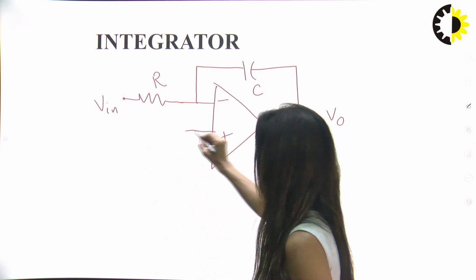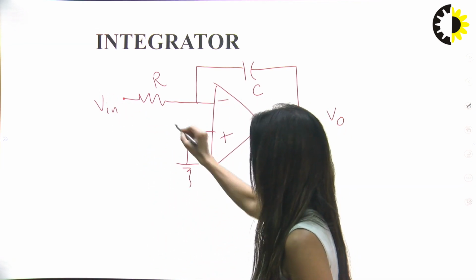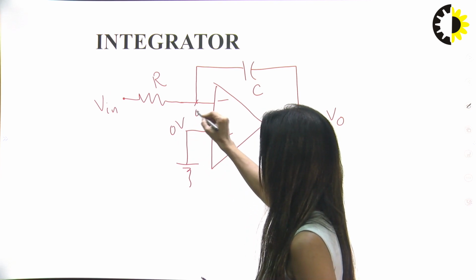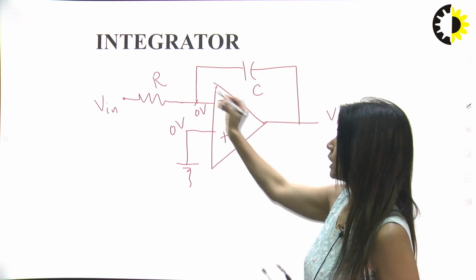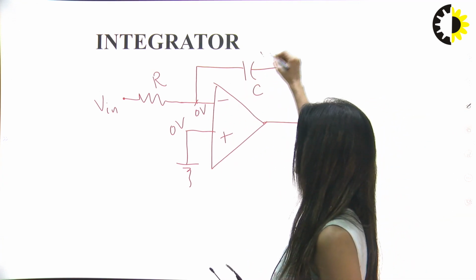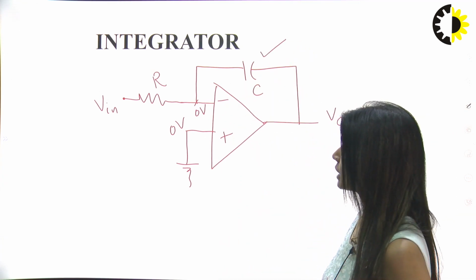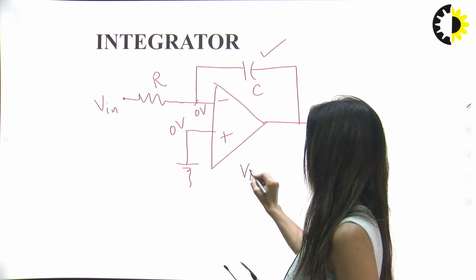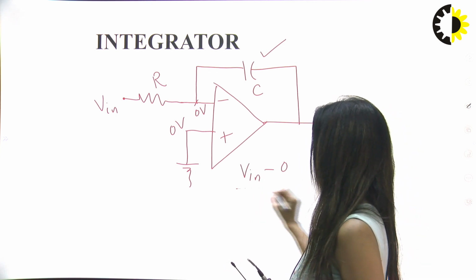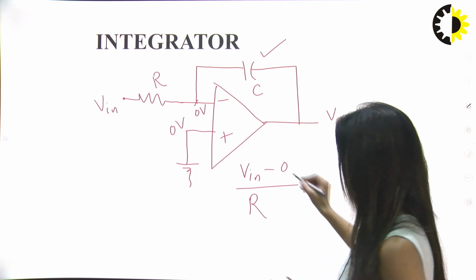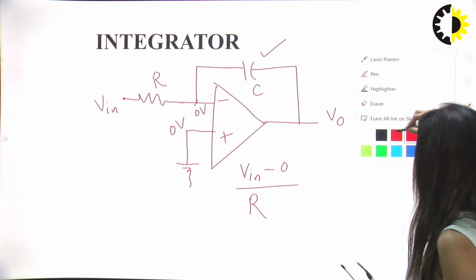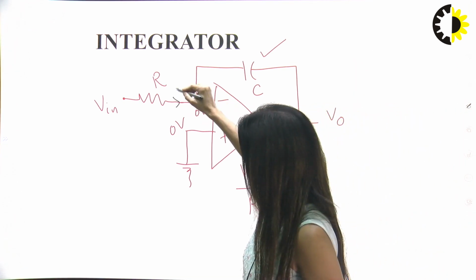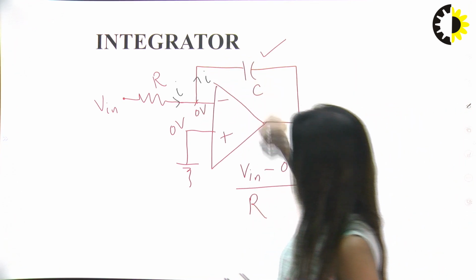This is connected as 0 volt. So again we will apply KCL for the integrator. This should be the capacitor at the feedback path, so V in minus 0 upon R. What is the current here?